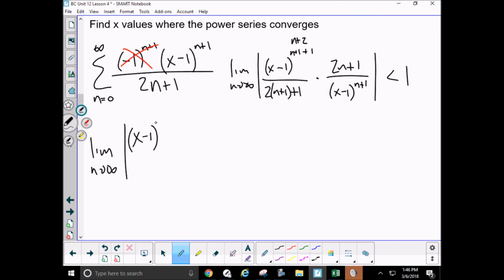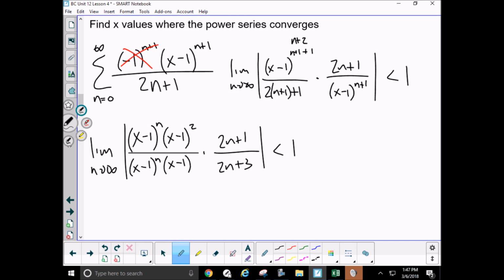So that could be x minus 1 to the n times x minus 1 squared, over x minus 1 to the n times x minus 1 from this guy. And I have 2n plus 1 over 2n plus 2 plus 1, which is 2n plus 3. This needs to be less than 1.